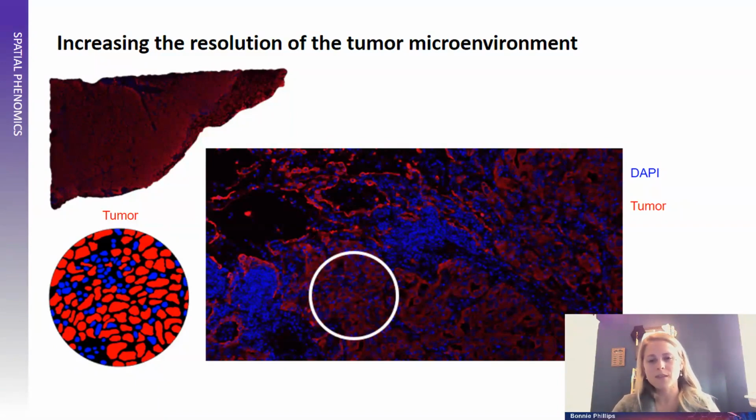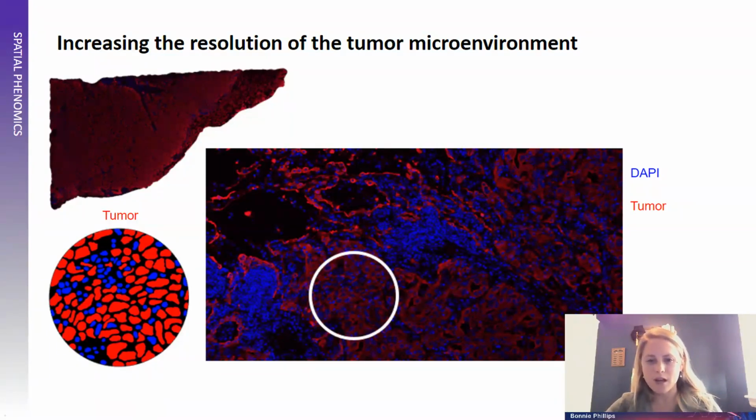So here we have the whole slide tissue in the upper left-hand corner. In the circular region, we have an annotated tissue area of tumor. And in the lower left-hand corner, we have this circled region with the phenotypes being presented.